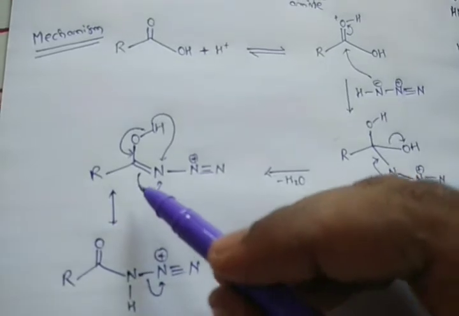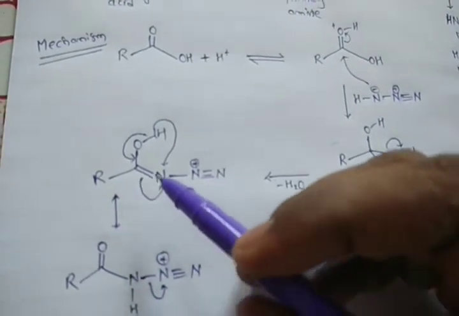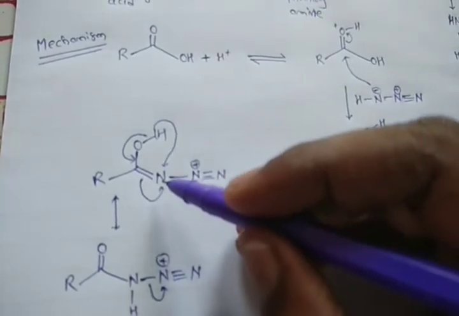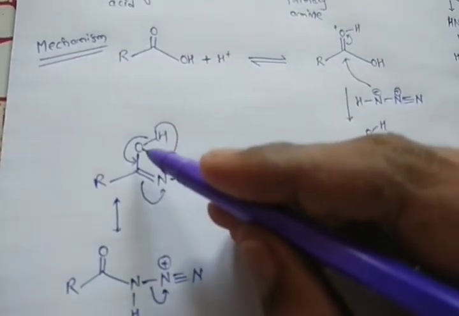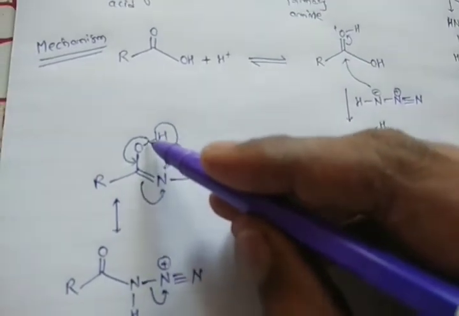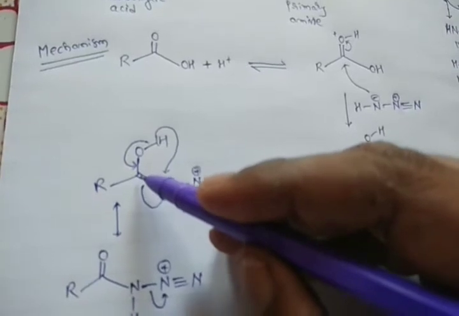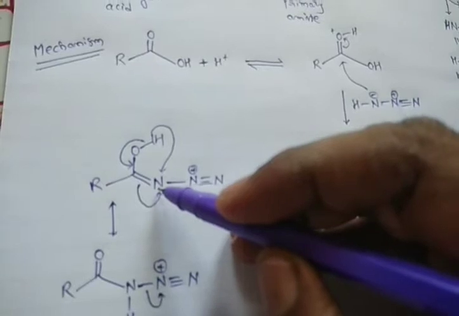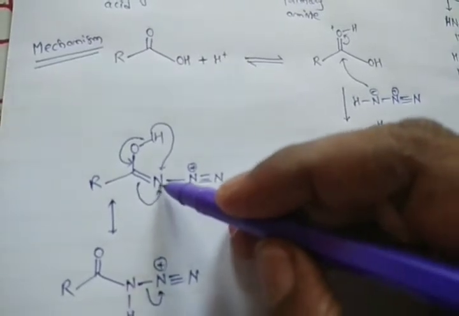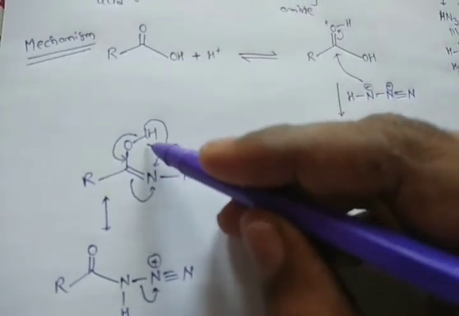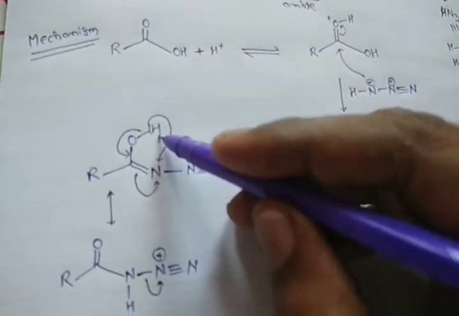This double bond will migrate onto the nitrogen, and at the same time the bond pair of electrons between oxygen and hydrogen will migrate between oxygen and carbon and form the double bond, and one of the pi bonds will migrate onto this nitrogen. We will have the negative charge on nitrogen, and that will be protonated or stabilized by this H plus, and we will have such type of intermediate.